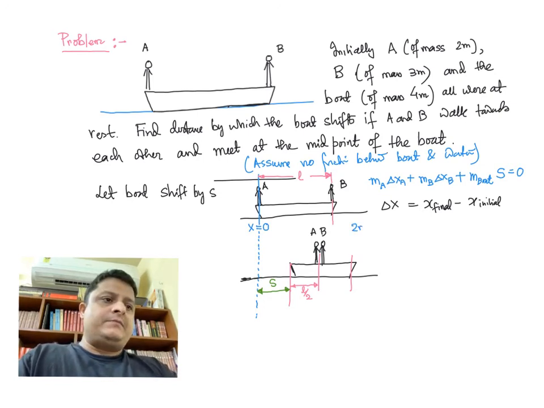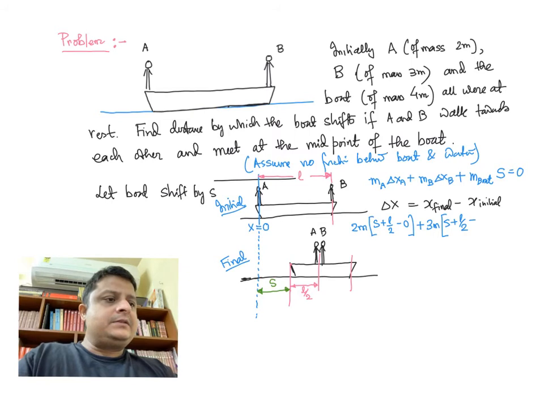So 2m multiplied by delta xA, the final coordinate S plus L by 2 minus the initial coordinate, which was 0, plus MB means 3m times the final coordinate S plus L by 2 obviously, minus the initial coordinate of B, which was L, at the right end of the boat, plus mass of the boat 4m into S is equal to 0.